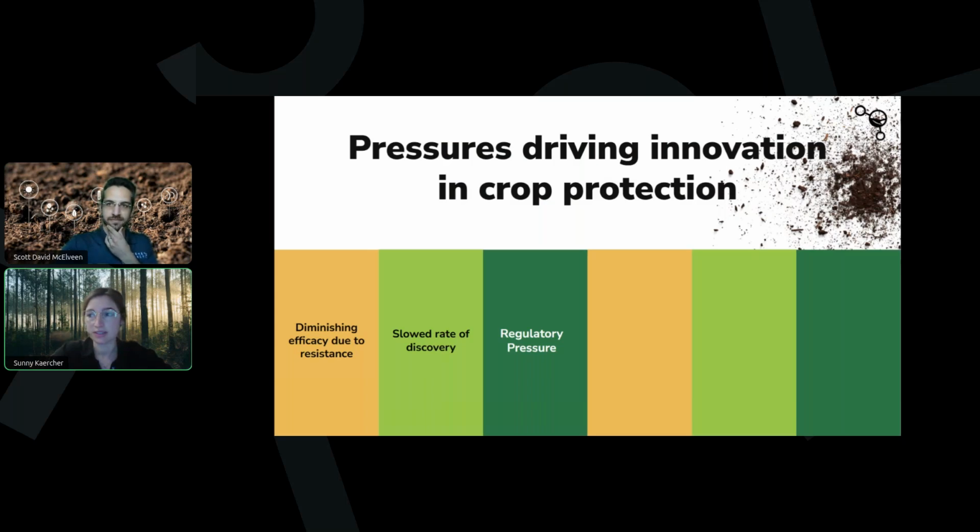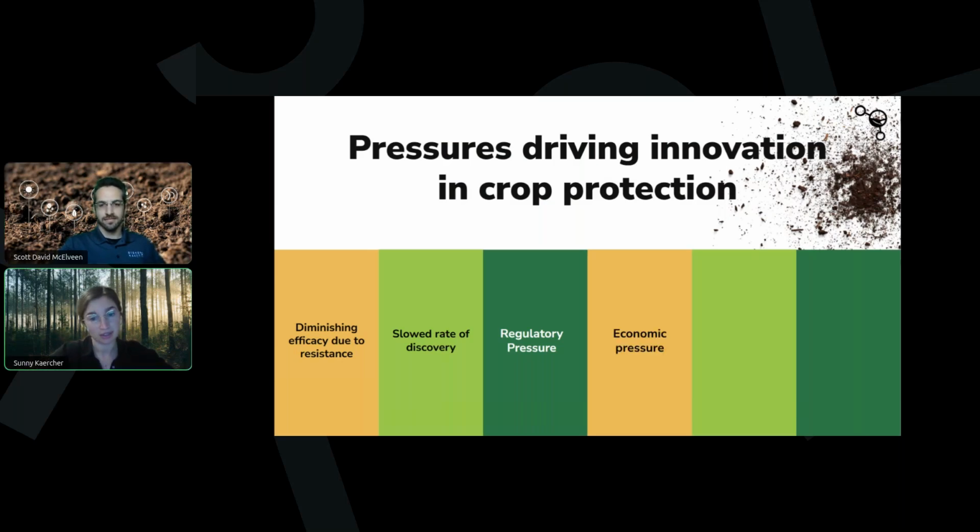And there's been an increasing level of scrutiny on chemistries and different crop protection products, especially in the last 10 years. And it's just making it a little more complicated of how to develop and bring to market an effective product that also is going to meet the regulatory demands.